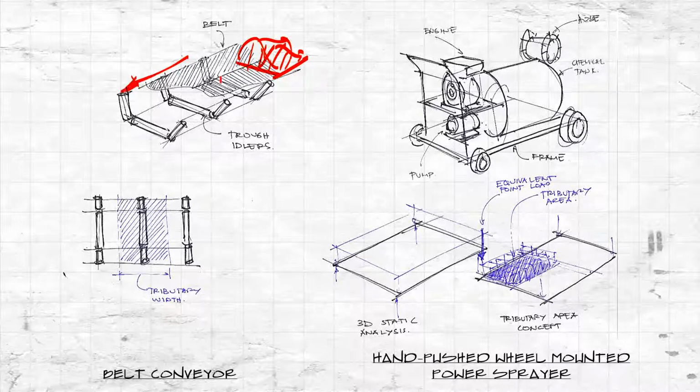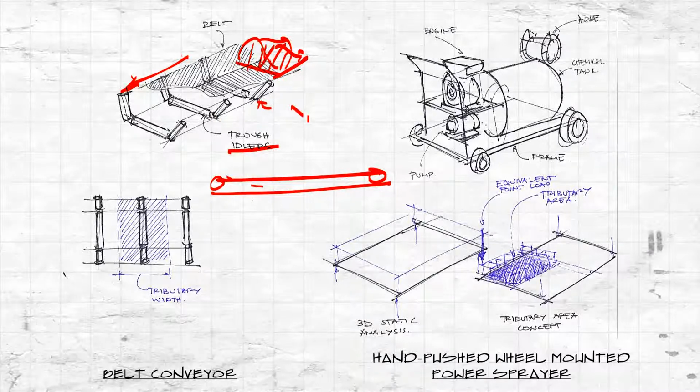It's not possible to have a long distance between pulleys simply because there's going to be deflection of the belt. So that's why we provide idlers, and this one is a trough idler with these trough shapes.